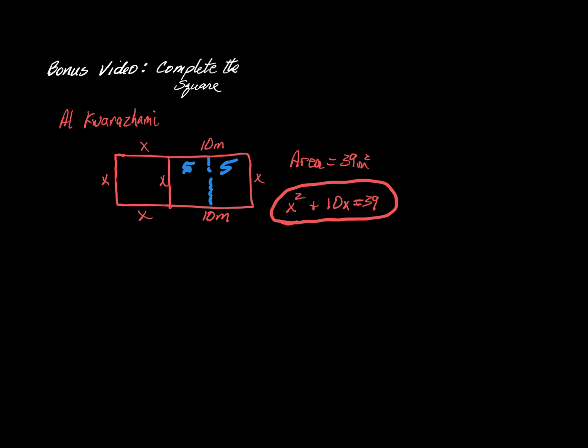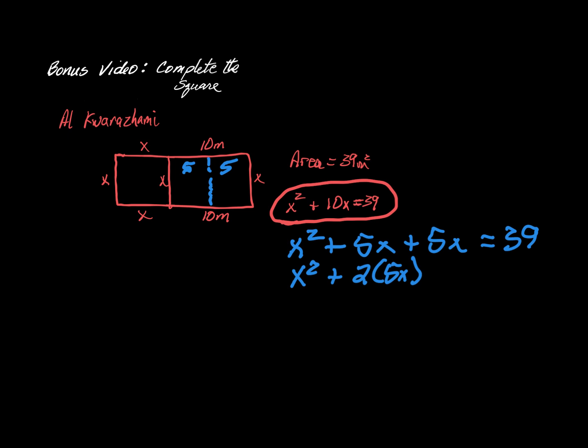And so now this problem becomes x squared plus 5x plus 5x equals 39. Or in our language of today, it would be x squared plus 2 times 5x equals 39.